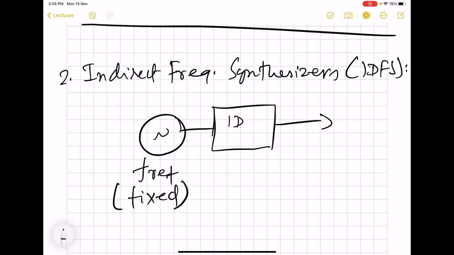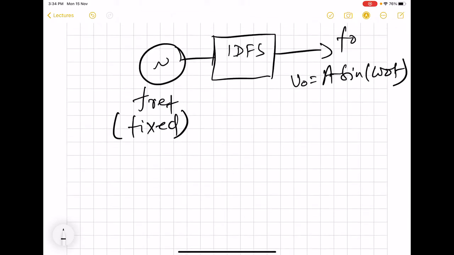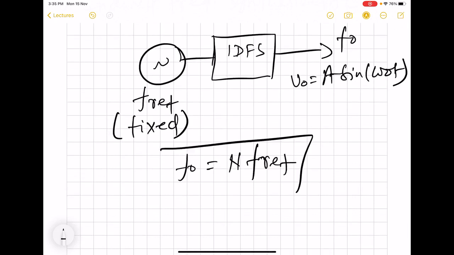And then this IDFS will produce an output F0, say sine omega naught t. And here the relation between F naught and F ref is going to be like this.